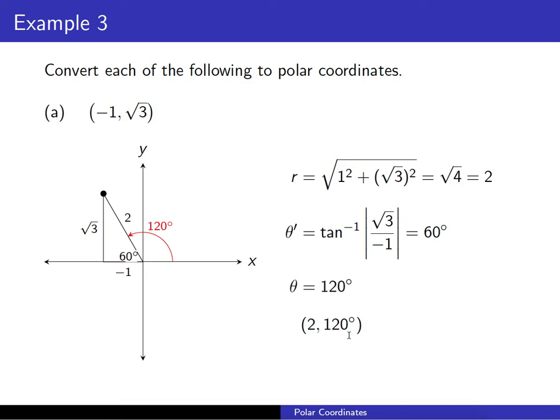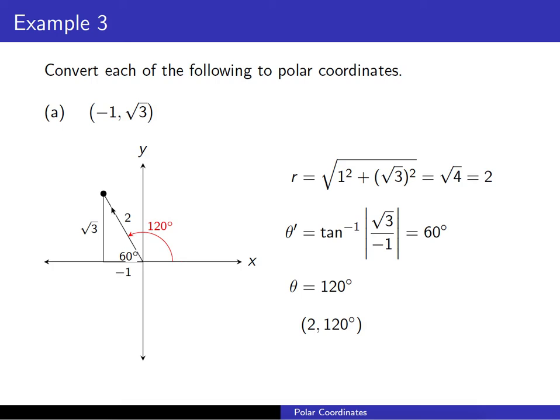Now, before I go on to the next example, I do want to note that unlike x and y coordinates, polar coordinates can be represented in an infinite number of ways. In the x and y coordinate plane, this point has only one representation, an x coordinate of -1 and a y coordinate of the square root of 3. However, in polar coordinates, one representation is (2, 120 degrees). Another representation is, instead of going to the right 2, we go to the left 2 and then rotate 60 degrees clockwise.